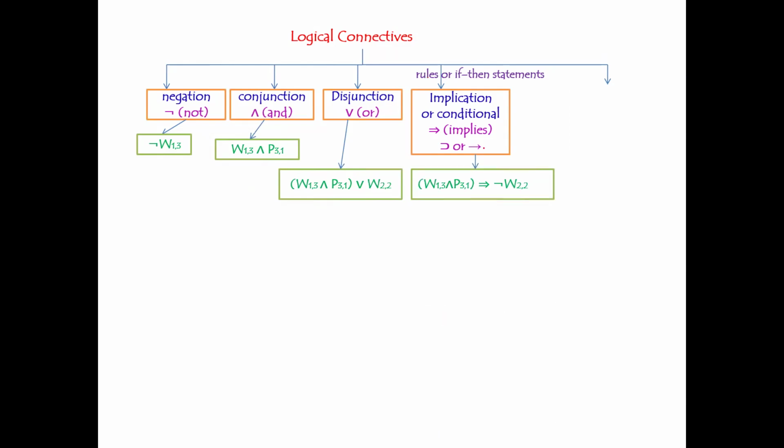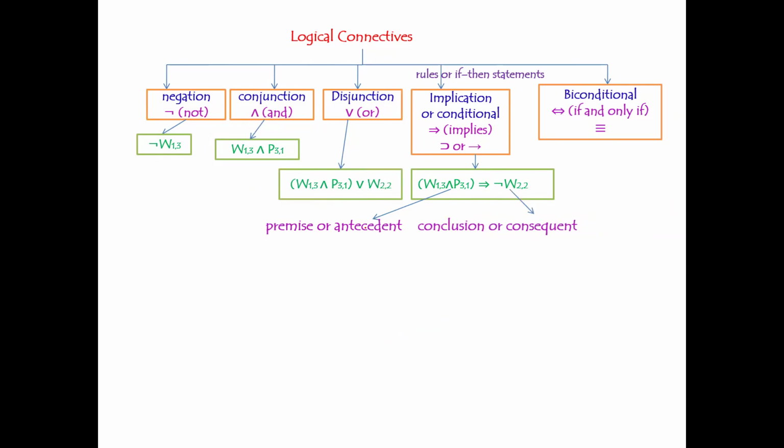Here you can see this example: W1,3 and P3,1 implies negation of W2,2. When you are using this implication, you have two parts, the LHS and the RHS part. The LHS part we call the premise or antecedent. The RHS part we call the conclusion or consequent.